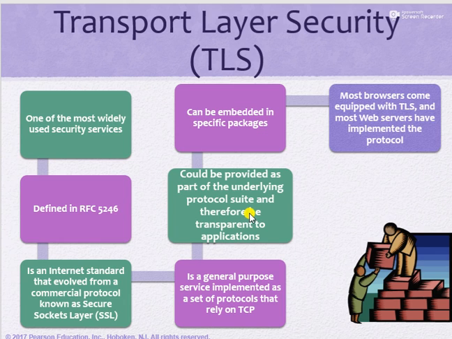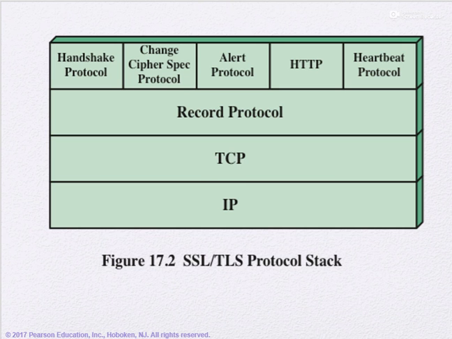But it can also be embedded into a specific package, like browsers that come equipped with TLS, and some web servers also implement the TLS protocol. TLS works on top of the TCP protocol, which is a reliable end-to-end protocol, and when we use TLS on top of it, it provides us a reliable end-to-end secure service.